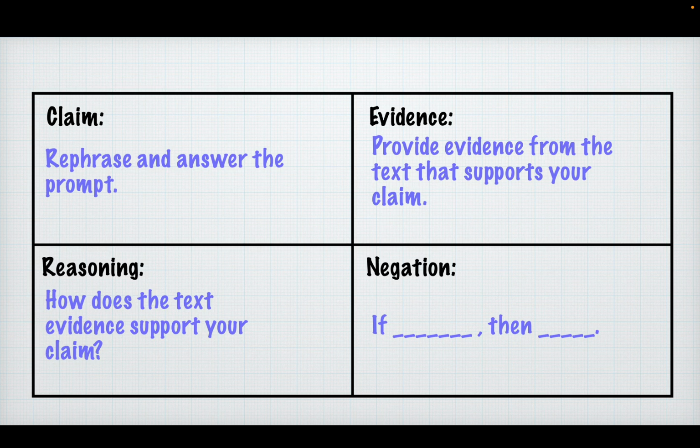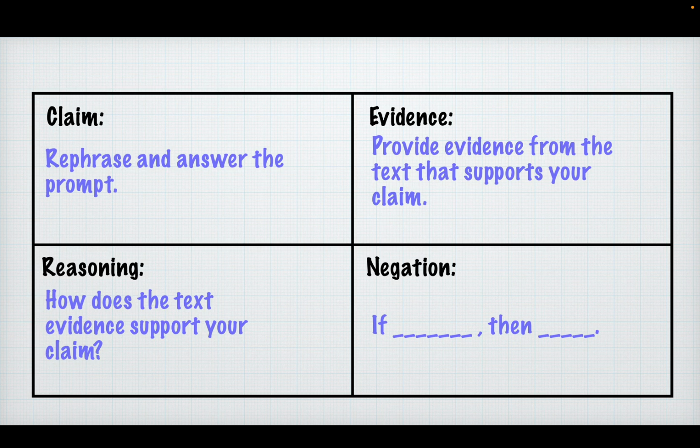So if you were only to do the claim and evidence correctly, that would be a 70. Claim, evidence, and reasoning would be an 85. And then claim, evidence, reasoning, and negation, if done all correctly, would be a 100.